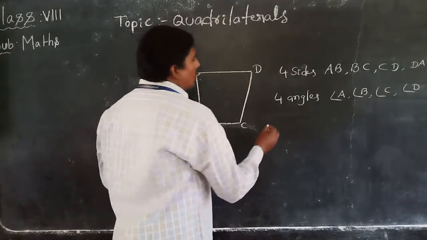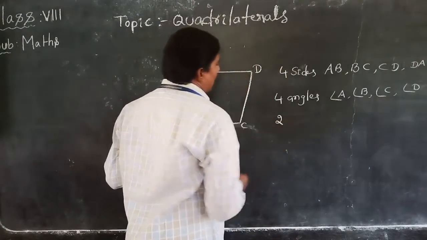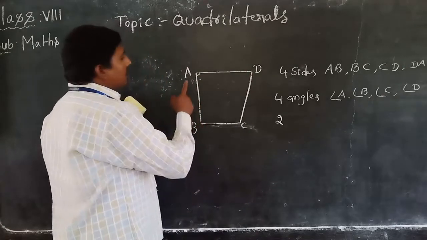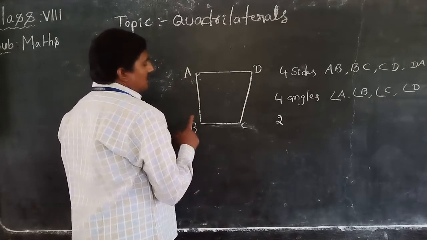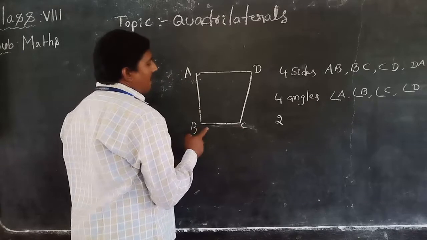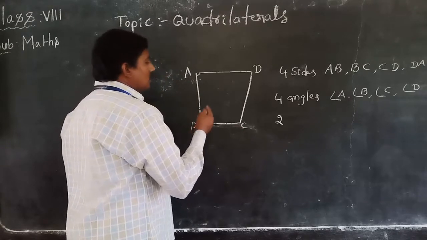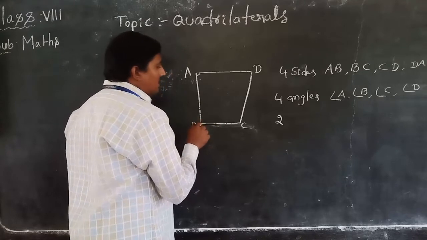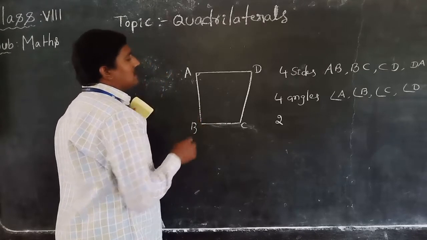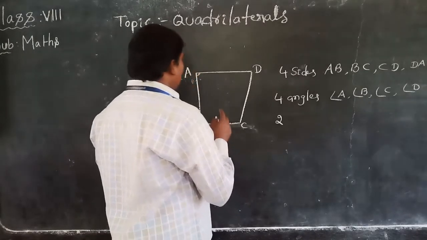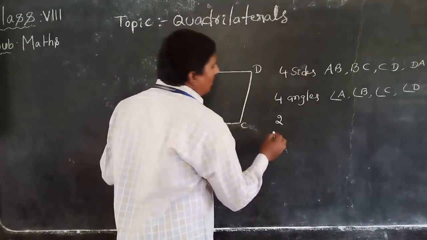Next, two diagonals. See here, the sides are joined through one point only. That point is called a vertex. How many? 4 vertices are there.